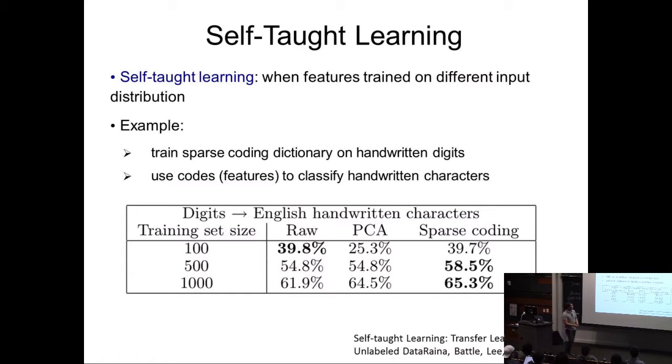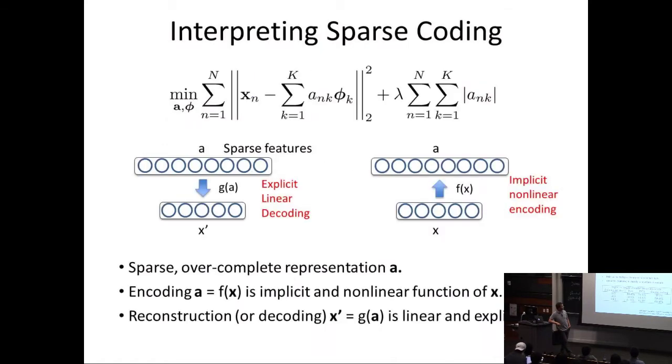And they've shown that if your training set grows, then going from raw pixels to sparse coding gives some improvement. Actually, PCA works quite well as well. But this was one example where the features they were learning turned out to be a little bit better than just using raw pixels, right? So there was a little bit of transfer happening here.